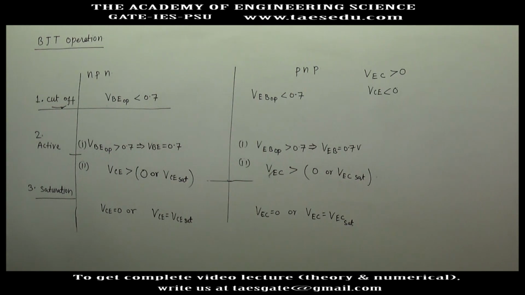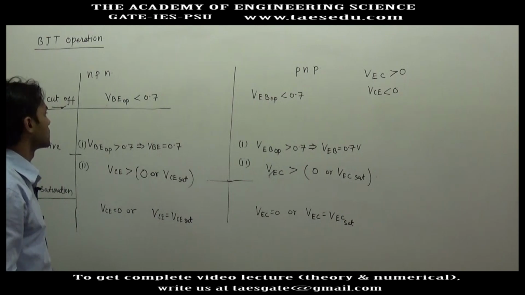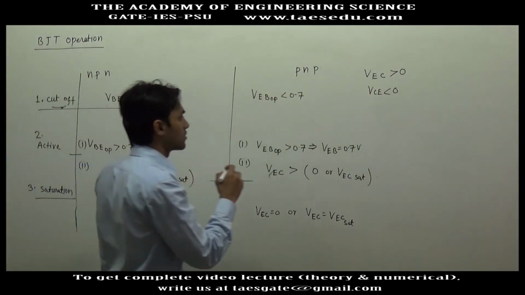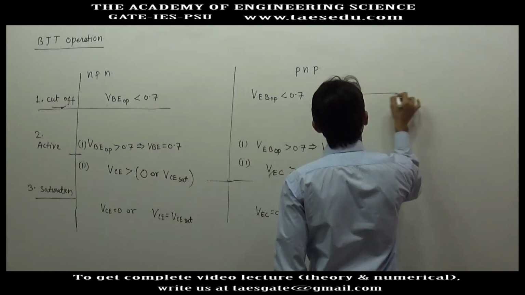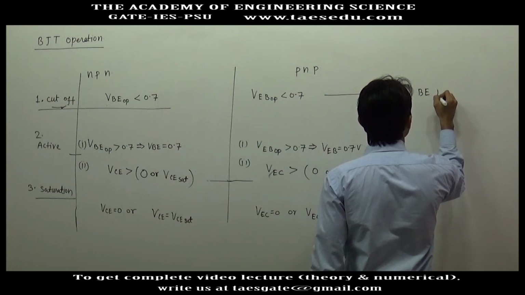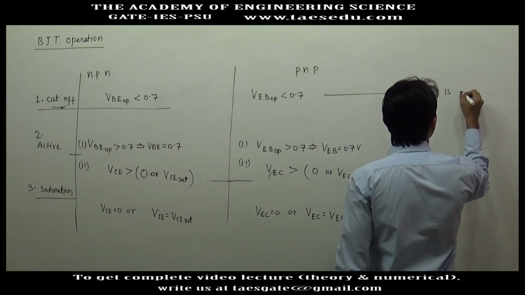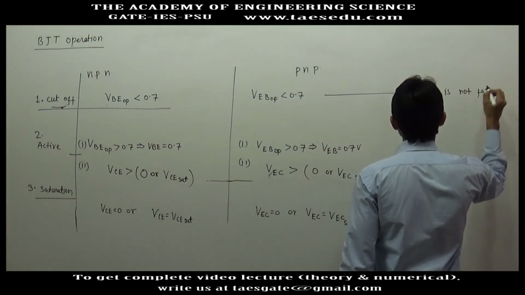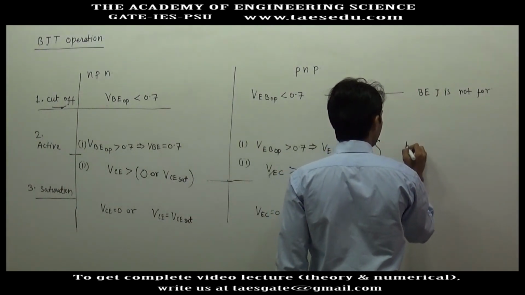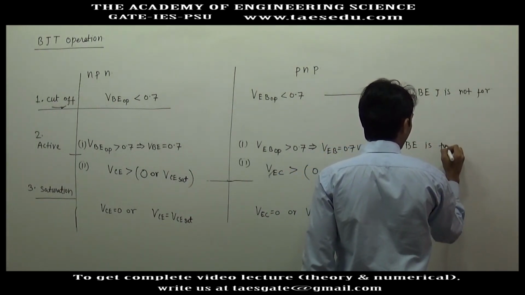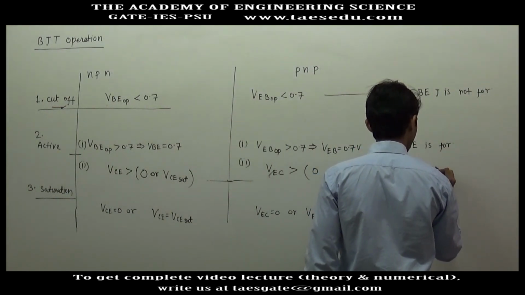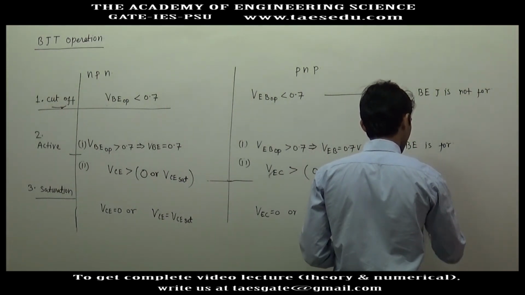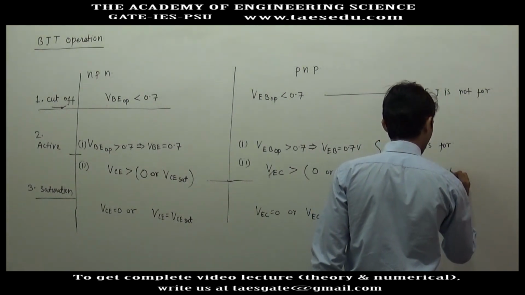But the basic definition for each case is the same for both NPN and PNP transistor. In case of cutoff region, base emitter junction is not forward biased. For active region, base emitter is forward biased and collector base junction is not forward biased.